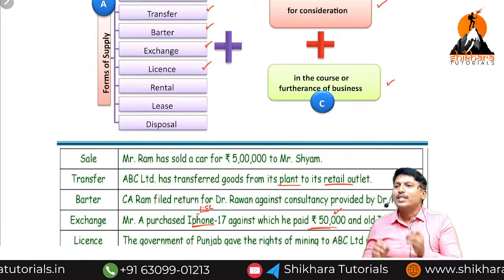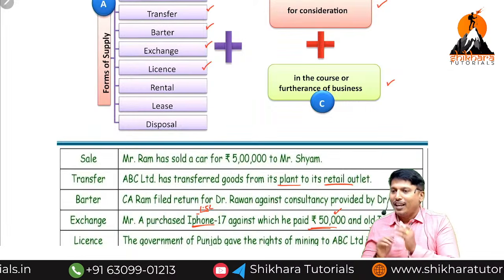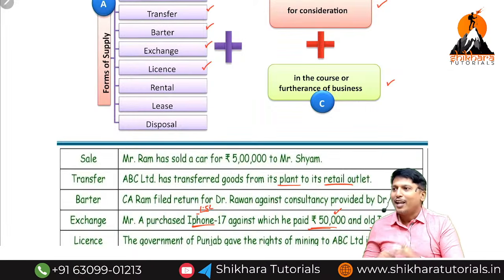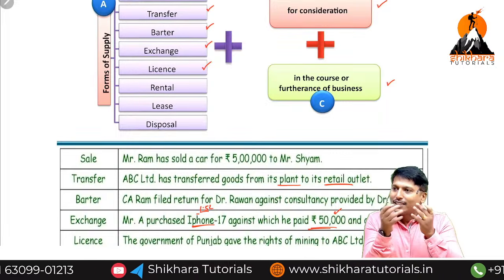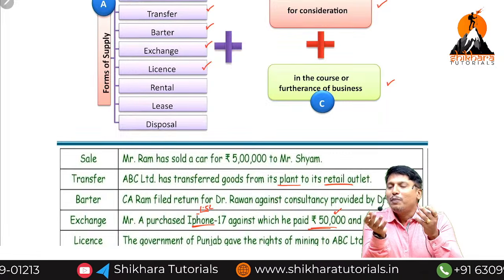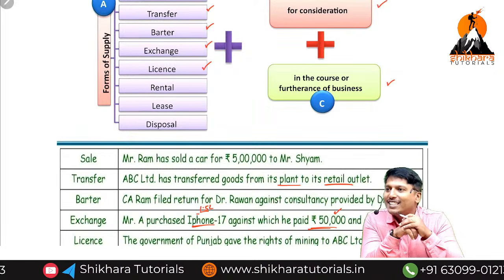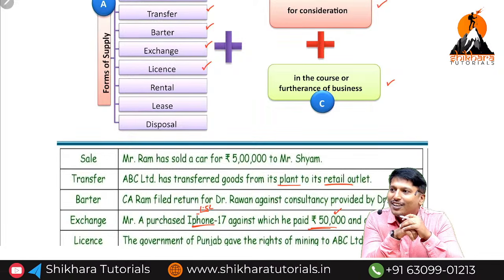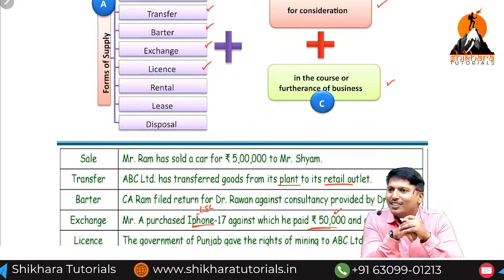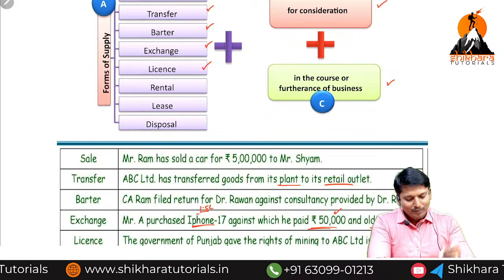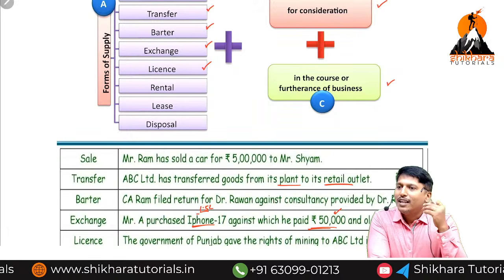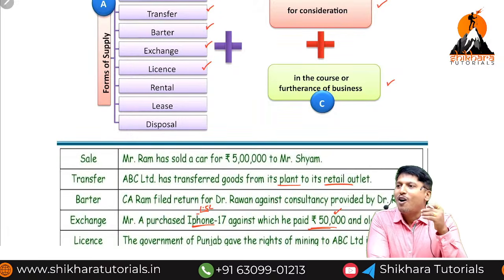I want to do some mining activities in Kadapa district. I go to the AP mining government authority, pay rupees 5 crores and get a license. That is also a supply. License is also a supply. So license means getting patents, trademarks, copyrights.